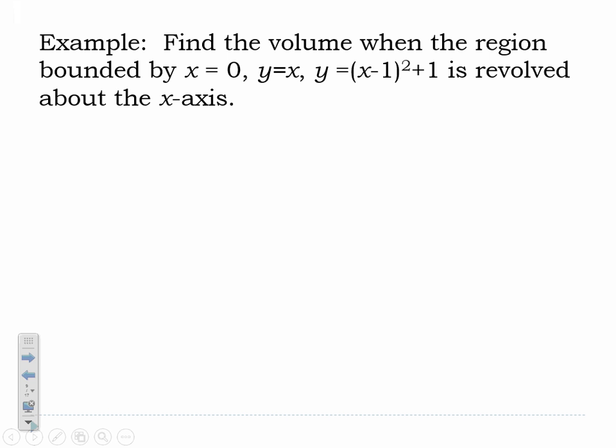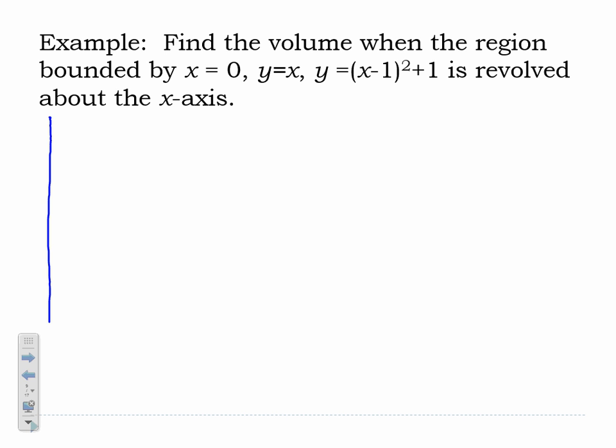Find the volume when the region bounded by x is 0, y is x, y equals x minus 1, the quantity squared plus 1, is revolved about the x-axis. Okay, so first of all, we need a good picture. Okay. X equals 0 is the y-axis.